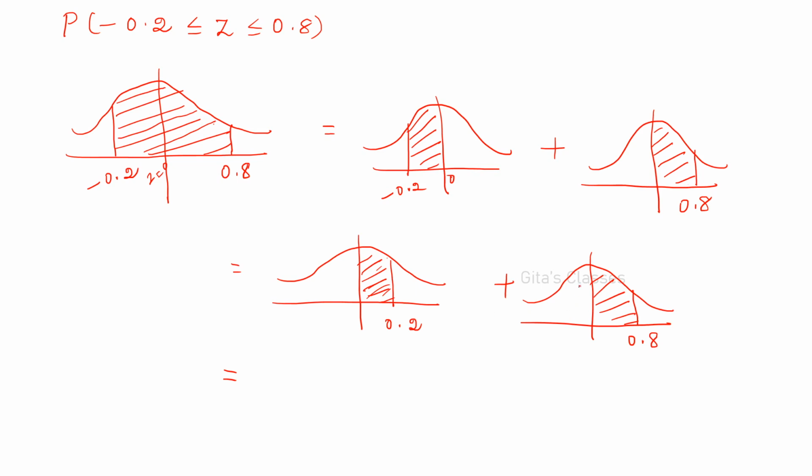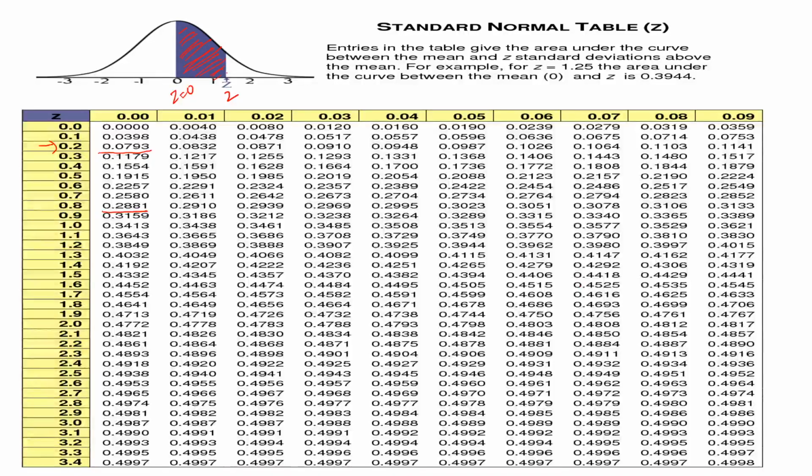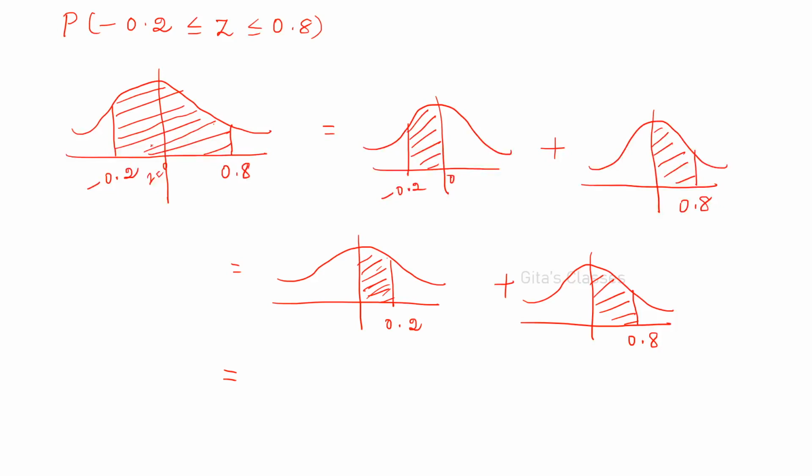And for 0.2, what is the value? 0.20 means 0.0793.